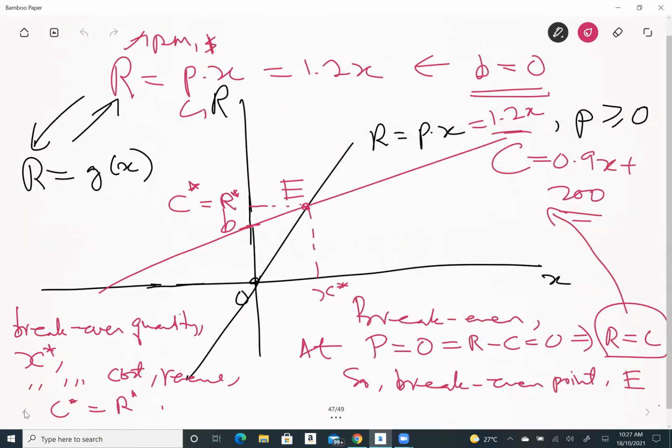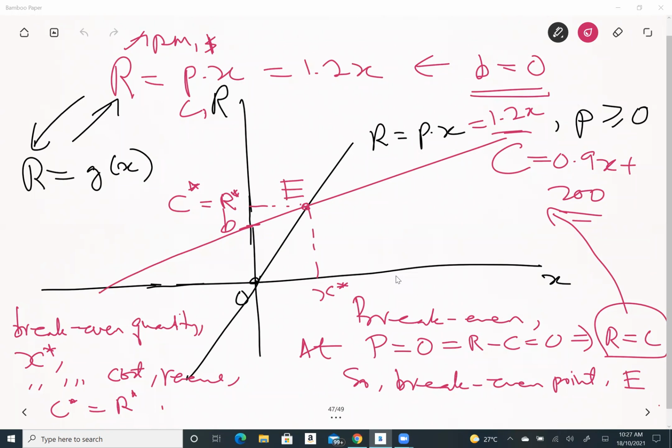Okay, so go back to the example. What is the break-even quantity? Anybody who got it? The first person who gets it, let me know. 6.667. Yes, everybody got 6.667.